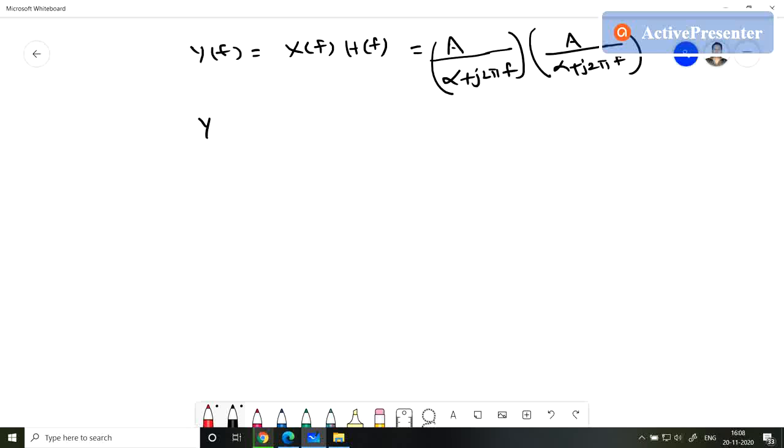So what will we get? Y(f) we will get as a square divided by (alpha plus j 2 pi f) whole square.